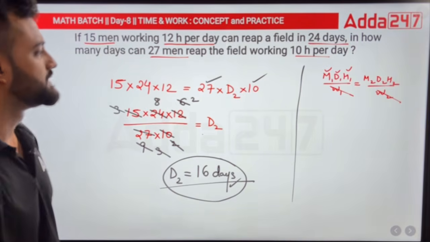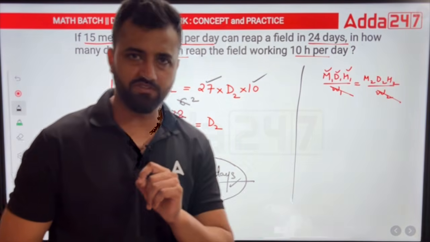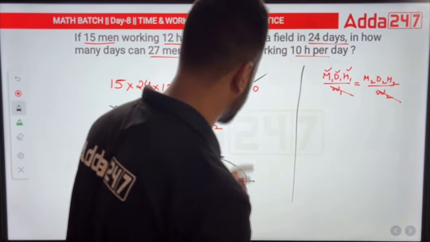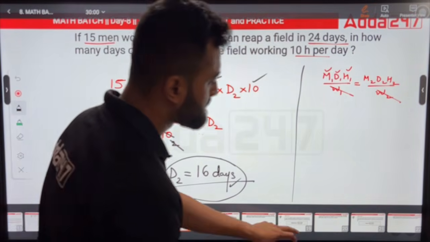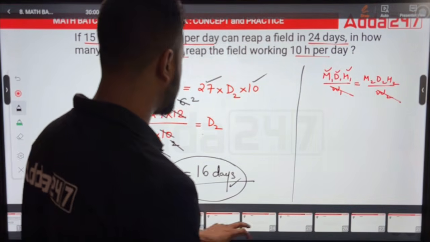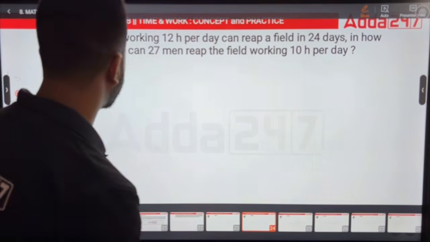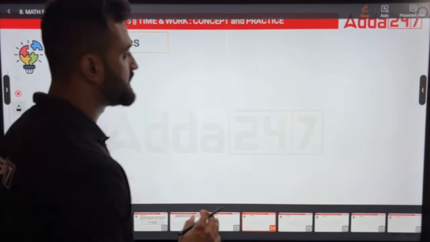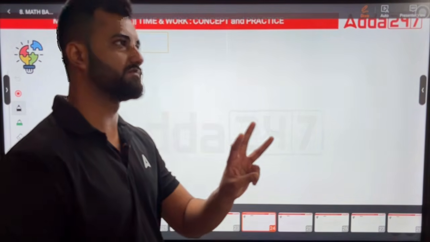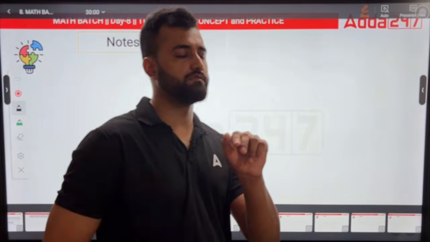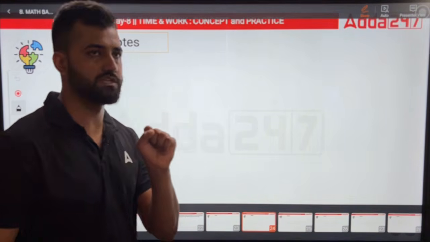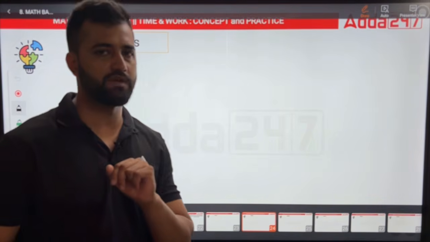So see, we have some more concepts left. Let me give you the idea of what concepts are left for us now. We have to cover these concepts as well because I have seen questions coming from them. Till now we have covered 2% working, 3% working, and the combined person working concept. Along with that, we have learned the MDH concept.